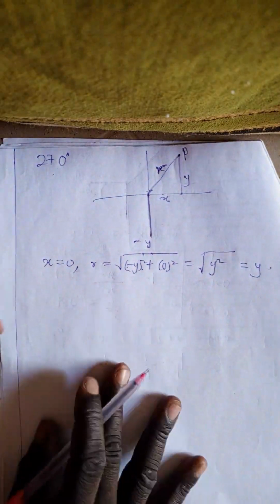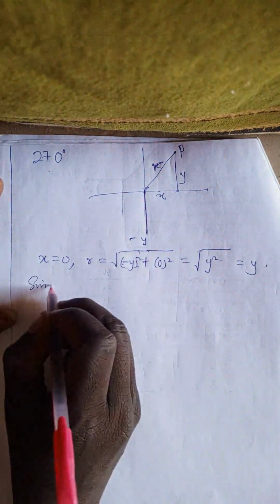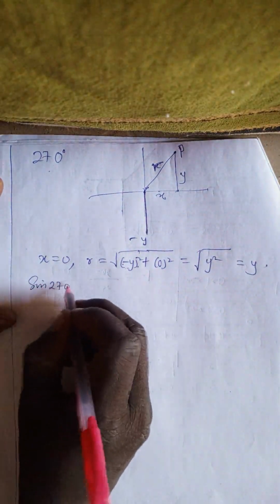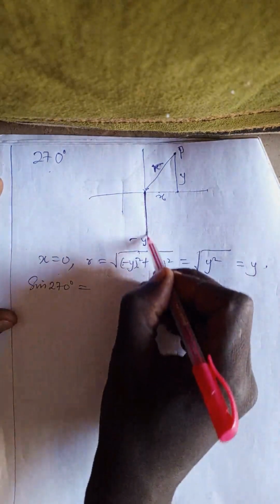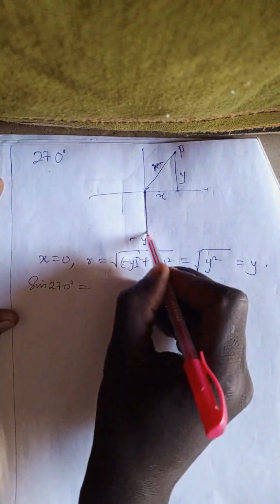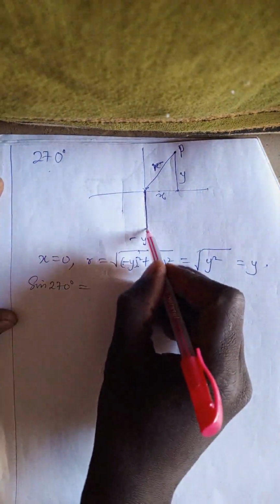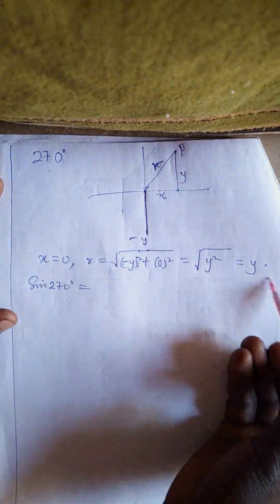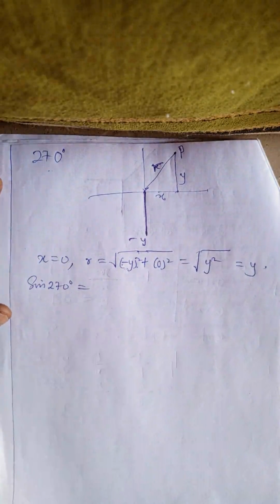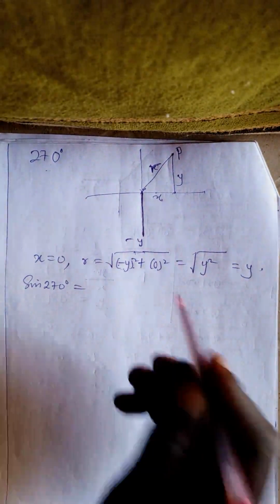Now let's look at the sine of 270 degrees. You see the angle in question, the terminal point, is lying on the negative y-axis. So whenever we talk about y, it is negative, other than the radius. The value of y is always negative, other than the radius, please.